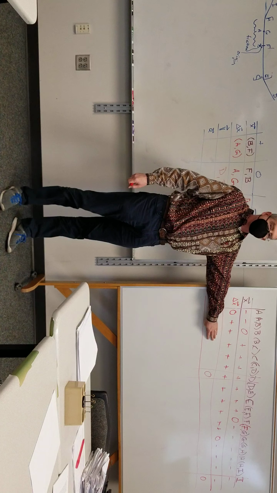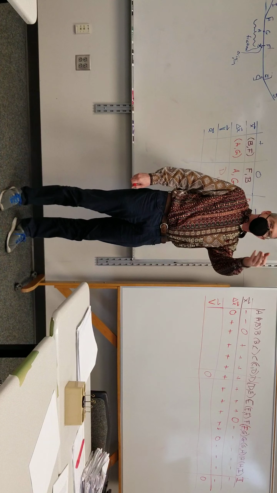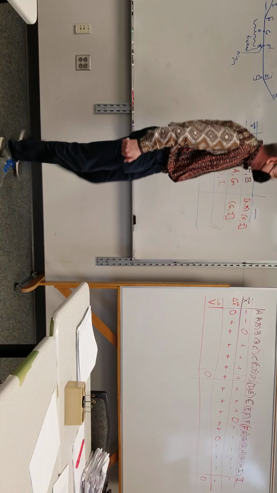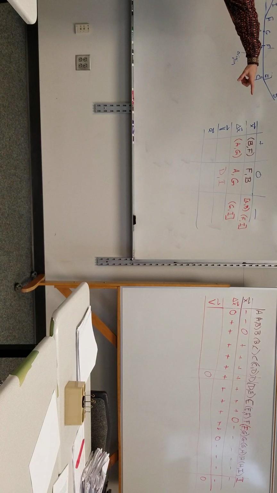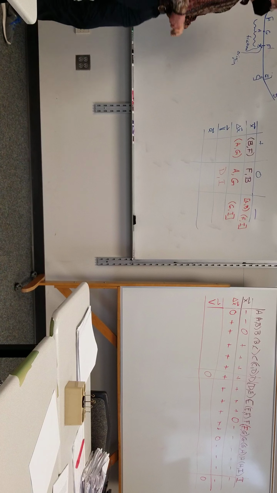Is this section positive or negative? Positive. Yes. Because what determines the sign of velocity? The direction of the motion. Yes. So from A up to D, it's going that way, and that's the positive direction.